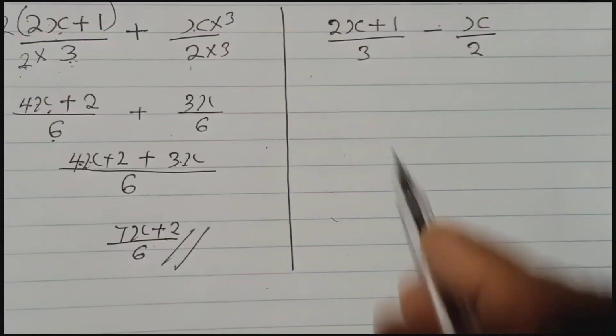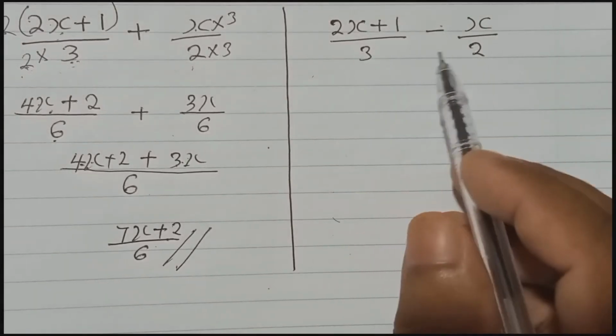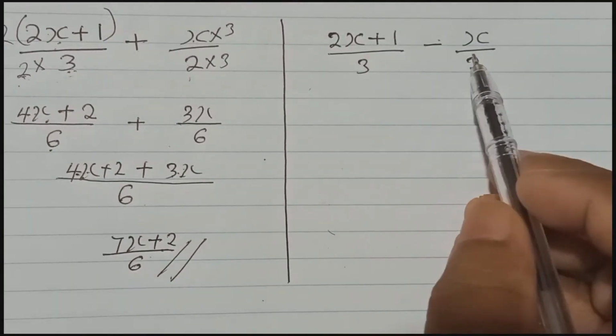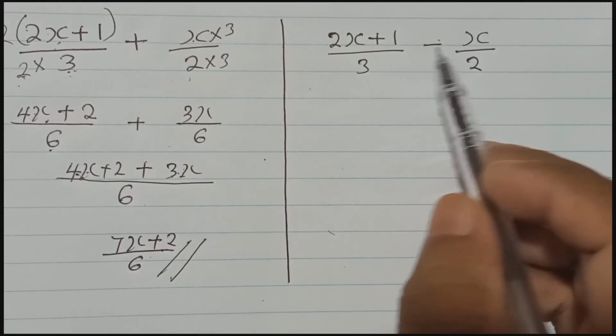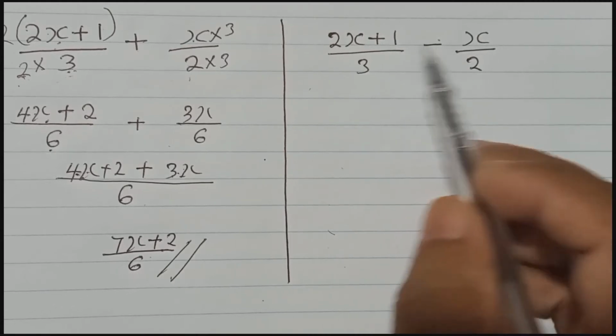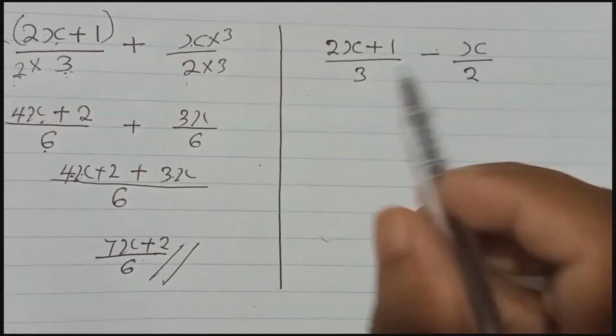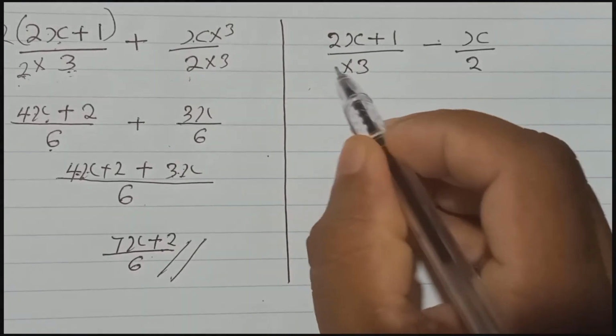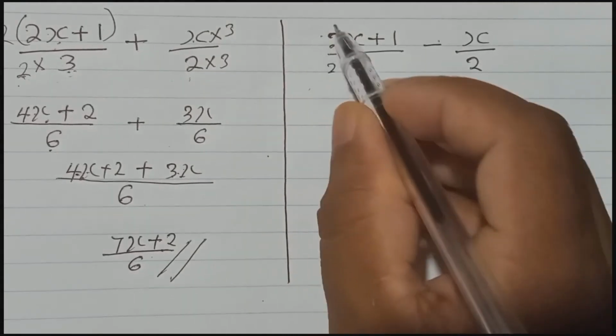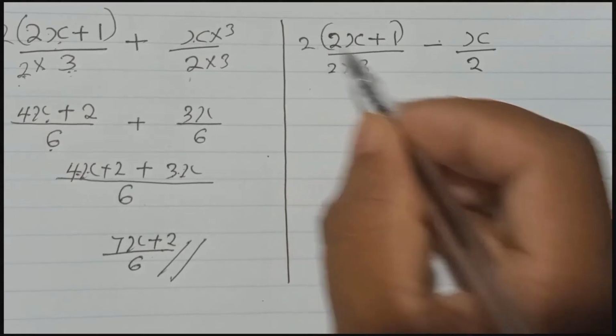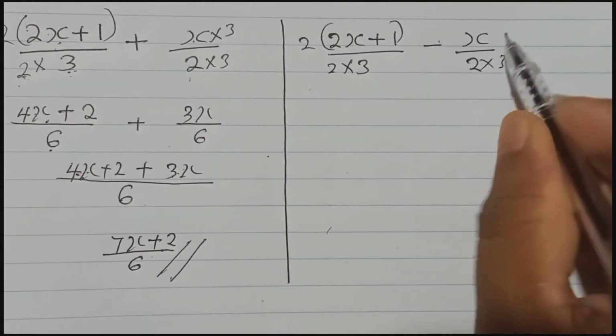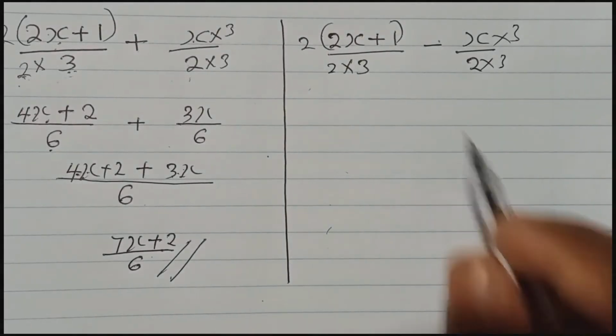Okay, now when we have these two algebraic fractions, between them we have a negative sign, that means we have to subtract here. Same procedure, but we need to multiply this one by 2 to make the same denominator, and this one also multiply by 2, and here you need to multiply by 3, here you need to multiply by 3. Look, same idea.